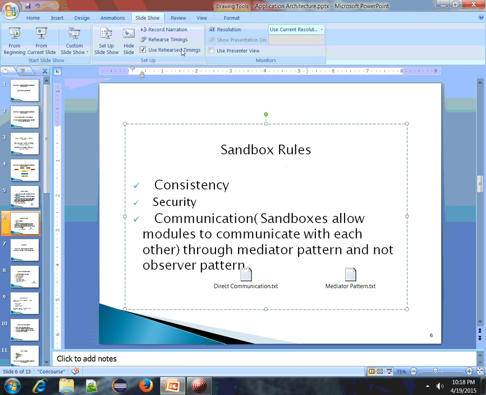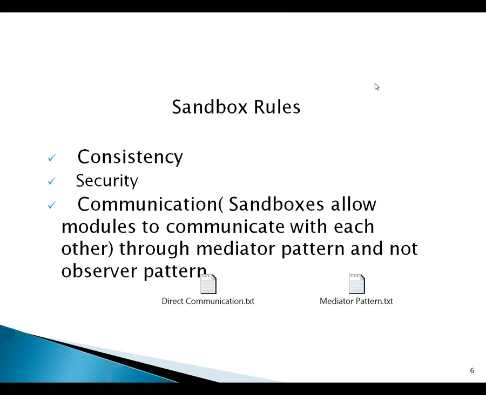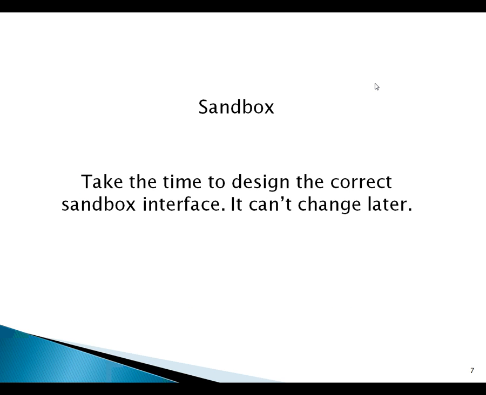So this happens to be the rules for the sandbox. Sandbox happens to be the most important part of this application architecture. It has to be designed very early, and it has to be designed with a lot of considerations in mind.